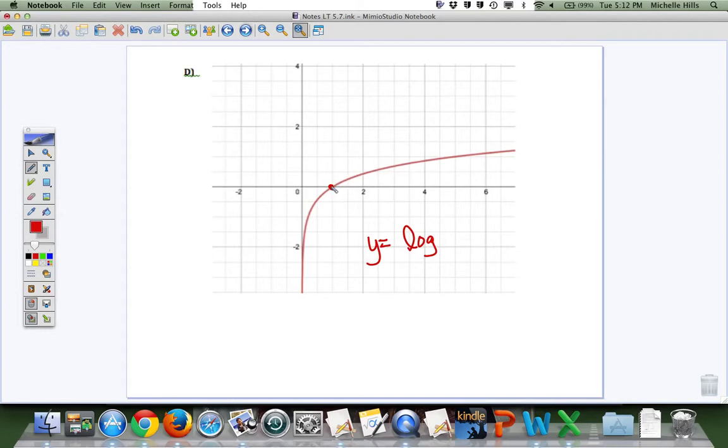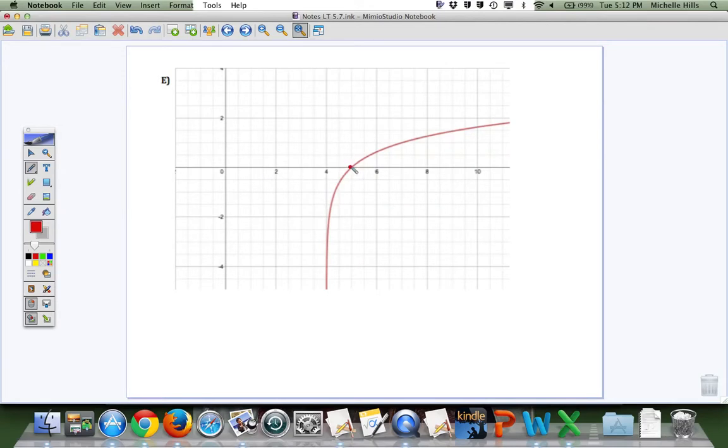So this one's actually not translated left, right, up, or down at all. So then I look up to where 1 is, and the 5 is on this graph. So something to the first power equals 5. So my base has to be base 5, because 5 to the first power equals 5. So y equals the base 5 log of x.